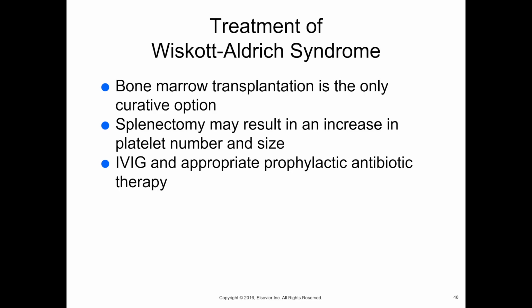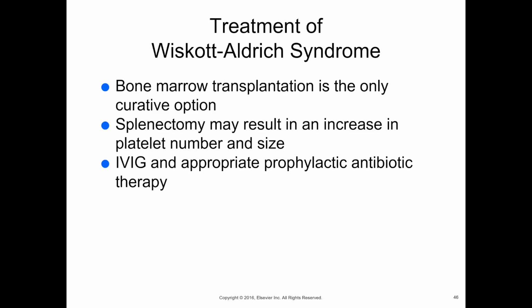splenectomy. They use this because, as you recall from A&P, the spleen is kind of the recycling center for our blood cells of just about every type. They go to the spleen, they get recycled. Well, if you want to increase your number of platelets, you take out someone's spleen, which seems kind of counterintuitive, but for a person with this type of condition, it's very important to stop those bleeding complications.